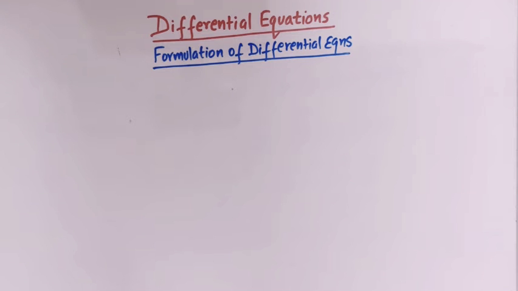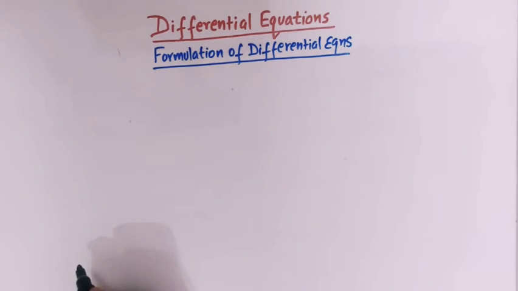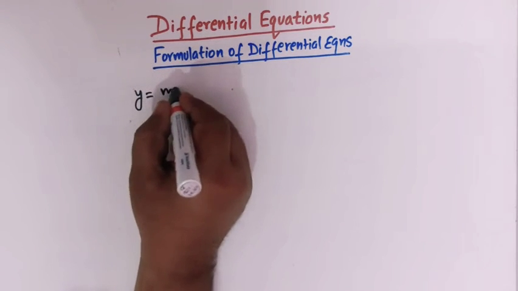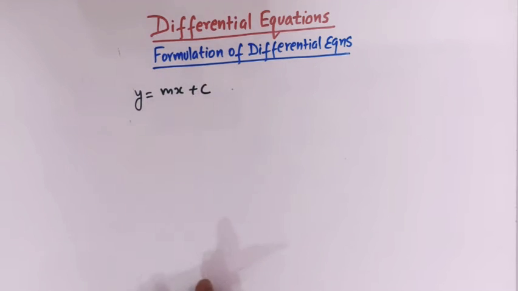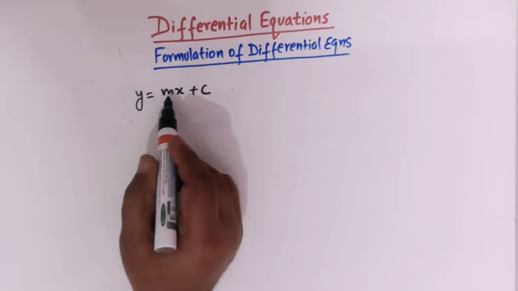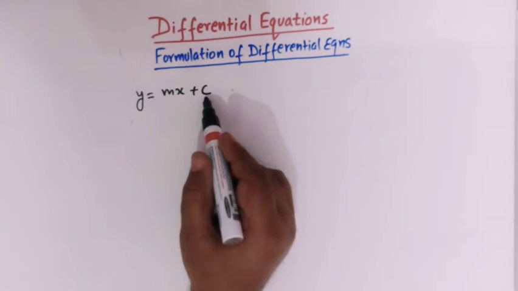Now let us start with a very simple equation. We know that the slope intercept form of a straight line is given by y is equal to mx plus c. This is the Cartesian equation of a straight line whose slope is m and whose y-intercept is c.